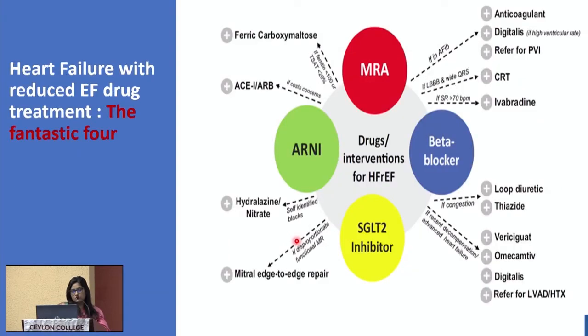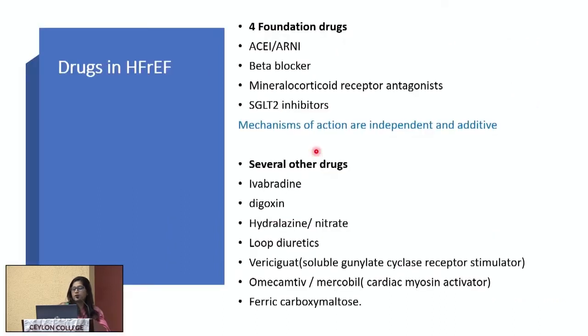When it comes to management of heart failure with reduced ejection fraction, we have 4 basic weapons: the mineralocorticoid antagonists, beta blockers, SGLT2 inhibitors, as well as ARNI, the angiotensin receptor neprilysin inhibitors. When the settings are not favorable to start ARNI, we would go for ACE inhibitors.